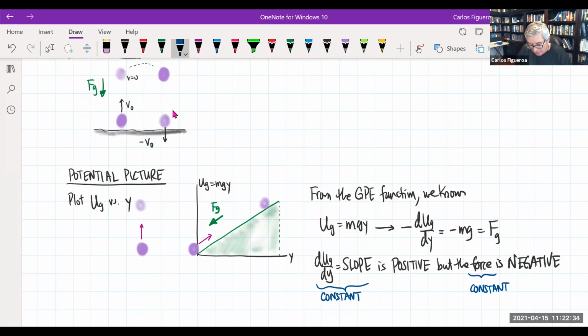And therefore, it looks like that. And so you could see here, look at the direction of the velocity. The velocity of the ball is going up the ramp. So what does the force of gravity do? It slows it down. Why? The force is in the opposite direction.